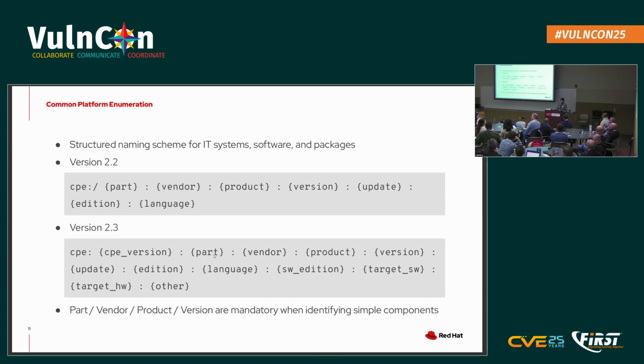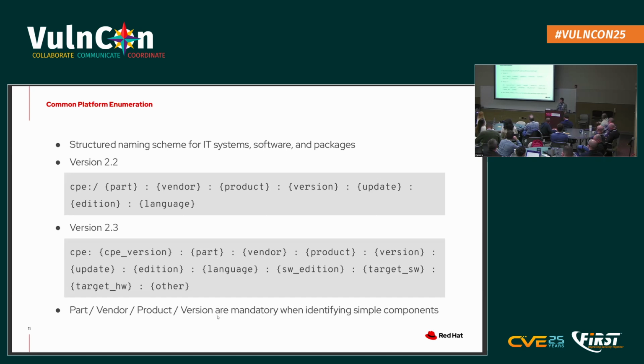CPEs, much like PURLs, are used for identifying things like IT systems, software, packages. It's a pretty widely open schema. It allows for identifying really anything as long as it fits into one of these specific attributes. So version 2.2 had less of them. Version 2.3 has more of them.